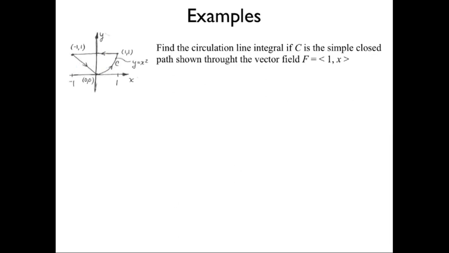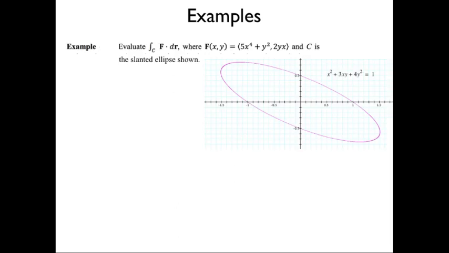Okay, so the last example is this one. Here's this slanted ellipse, x squared plus 3xy plus 4y squared equals 1. See that over here? And it's asking us to evaluate the line integral around that slanted ellipse.